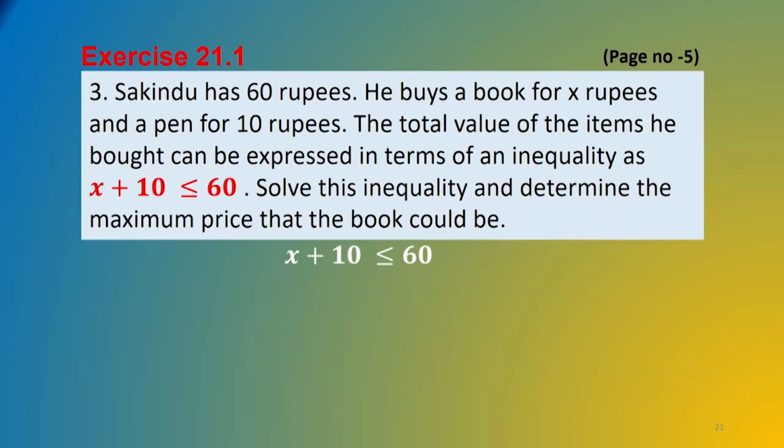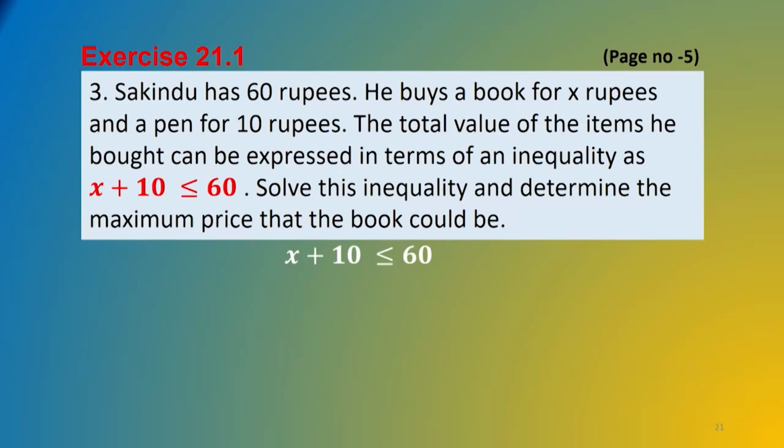The total value of the items he bought can be expressed in terms of an inequality as x plus 10 is less than or equal to 60. Solve this inequality and determine the maximum price that the book could be.